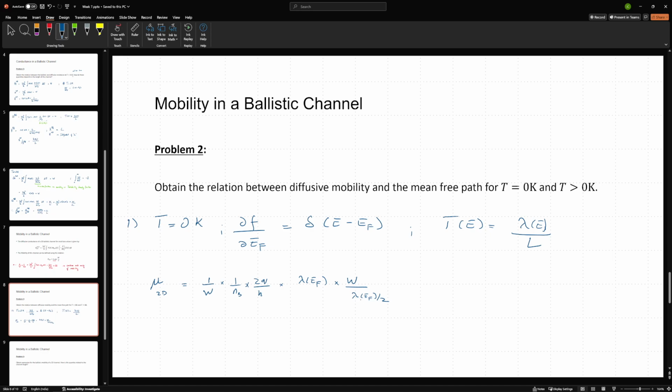As you can see, many of these quantities will cancel each other out, and we will get a rather interesting value for the electronic mobility in a 2D channel at T equal to 0 Kelvin. Now Ns I know is kF squared by 2 pi.